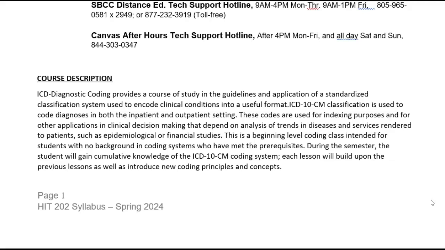They're used for indexing purposes and other applications in clinical decision making that depend on analysis of trends in diseases and services rendered for patients. The other thing I want to relay to you, this is a beginning level coding class intended for students with no background in coding system. It will take you to the very beginning and walk you through the whole process. Each lesson will build upon the previous lesson, so you will learn new coding skills each week.